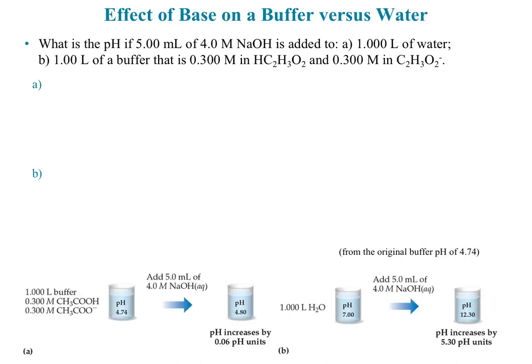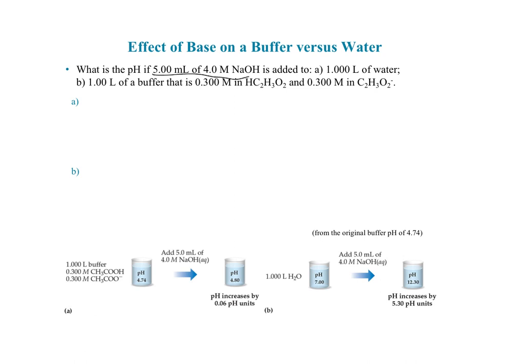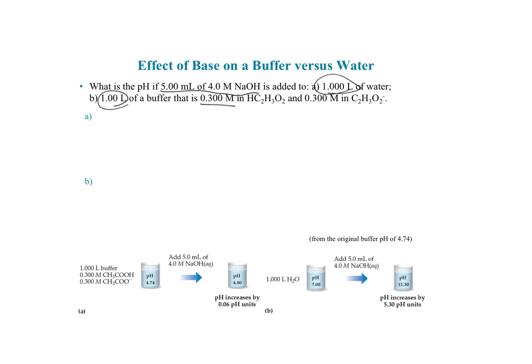Okay, so let's see the difference in pH if I add 5 milliliters of a 4 molar sodium hydroxide solution to 1 liter of water, or to 1 liter of a buffer that has 3 molar of acetate and acetic acid. For the first problem, either way, I need to know how many moles of hydroxide I'm adding. So I'm going to do my 5 milliliters, convert it into liters, and then use molarity, 4 moles per liter.